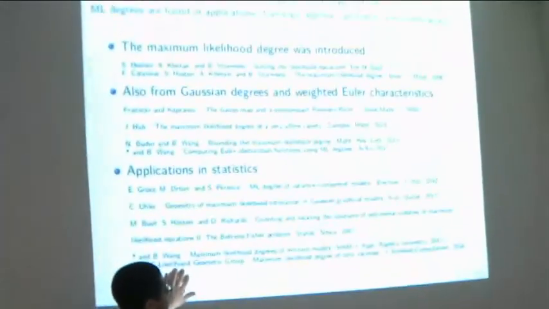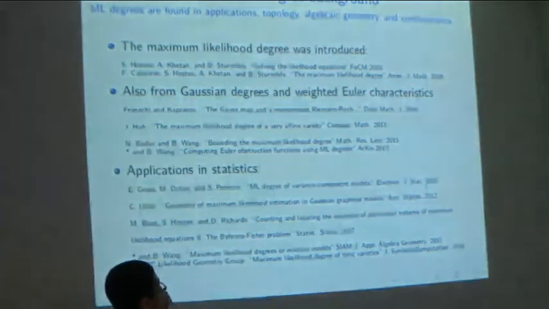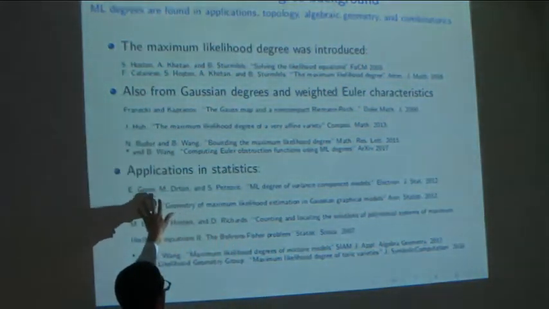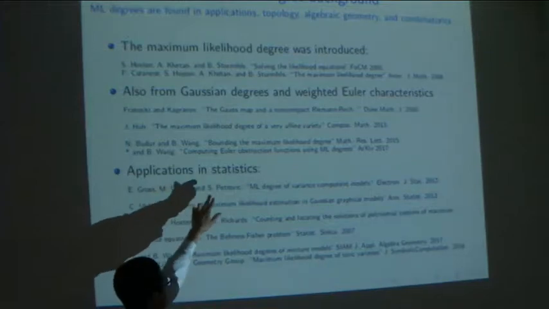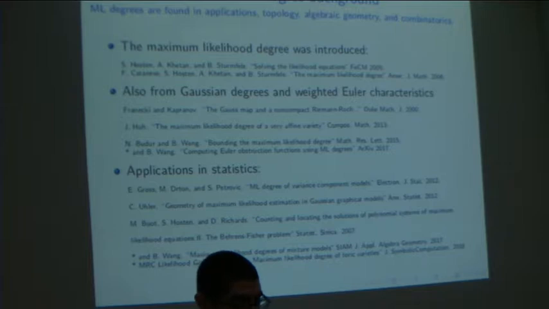And there's some study here, which I've also been involved with. There have been many applications in statistics. Caroline studied Gaussian graphical models, and then Elizabeth, Matthias, and Sonia studied different classes of models. So this is well studied, but today I focused on discrete models, in the context that I gave earlier today.